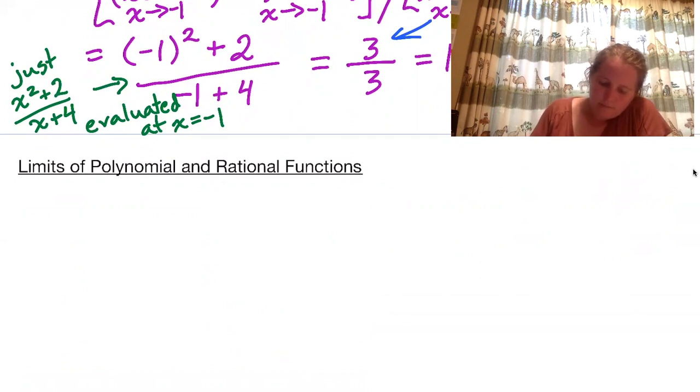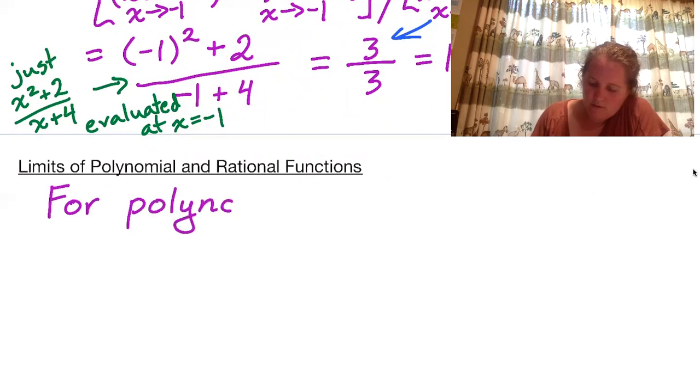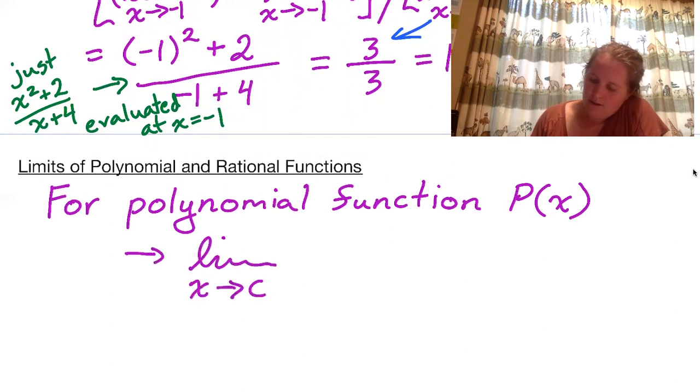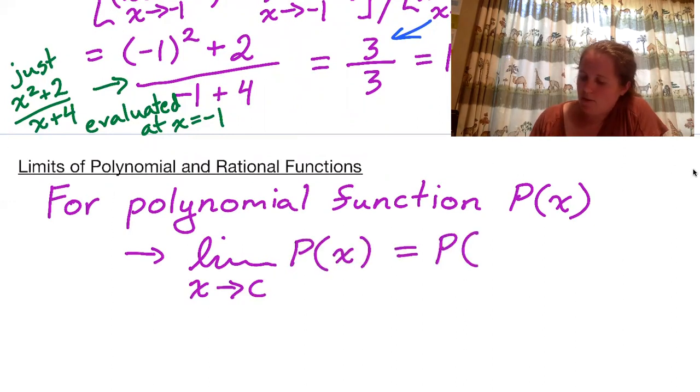So for a polynomial function, p of x, p for polynomial, what we wind up getting is that the limit as x approaches c of p of x is simply the polynomial evaluated at c.